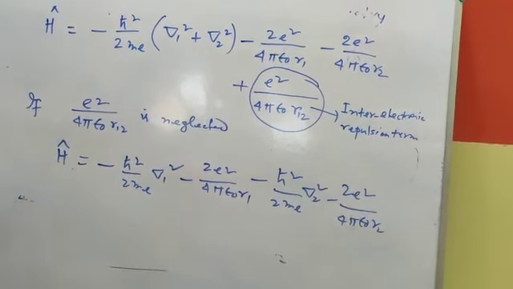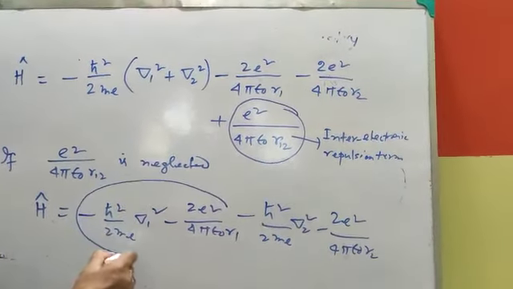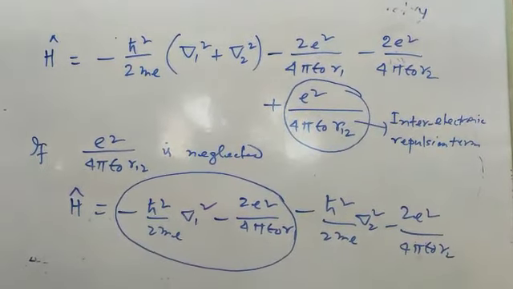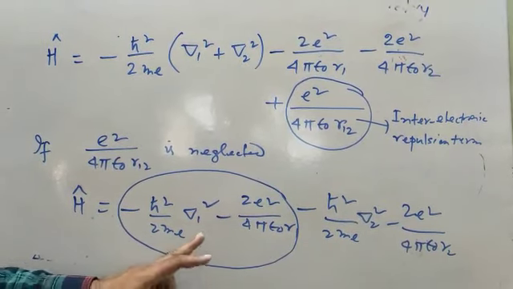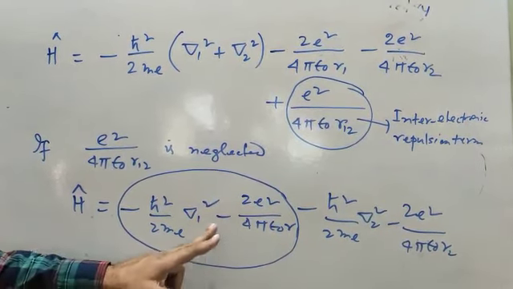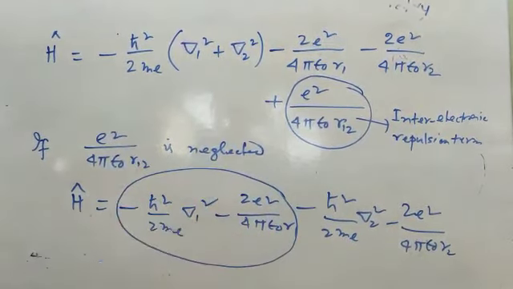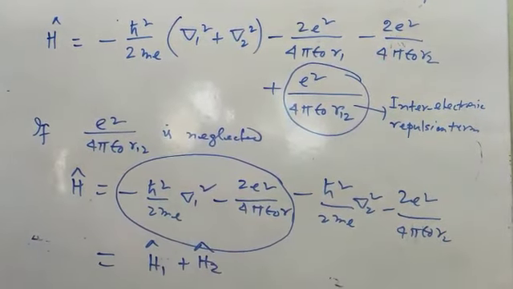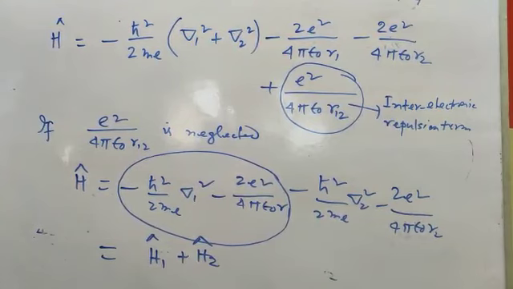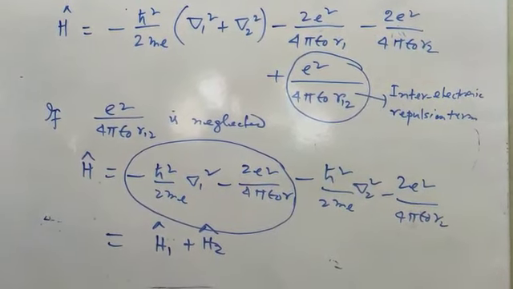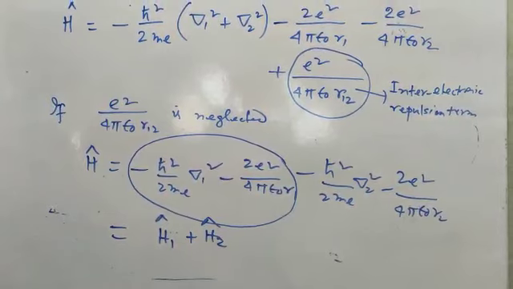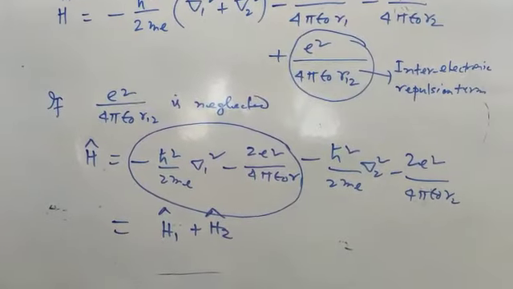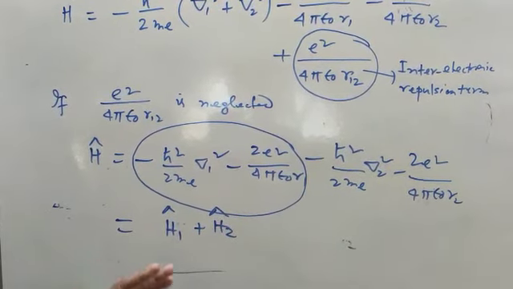So basically this is the hydrogenic atom-like Hamiltonian for electron 1, and this is for electron 2. So we can separately write this as the H₁ operator plus the H₂ operator. So if the interelectronic repulsion term is not there, then the Hamiltonian of the helium atom system can be written as a sum of two separate one-electron Hamiltonians.